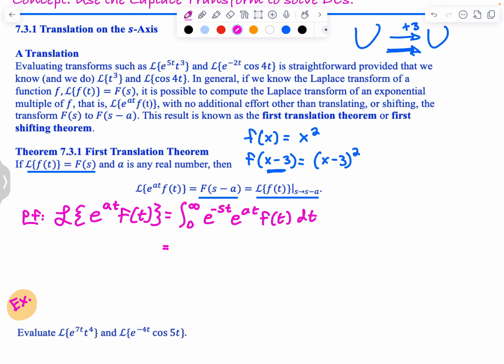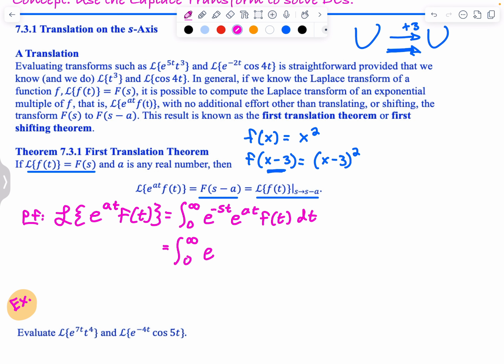So we're going to combine our e's here. We're trying to get to the normal definition of just little f here, but maybe instead of having a negative st, we're going to put s minus a in here. So we can make that happen by manipulating the stuff around.